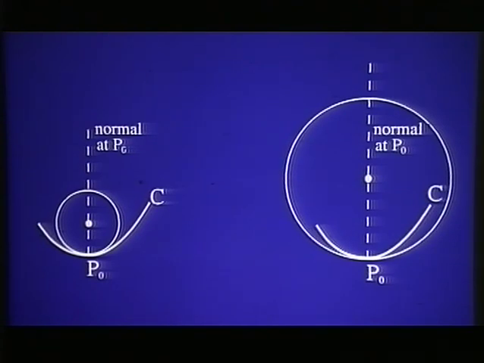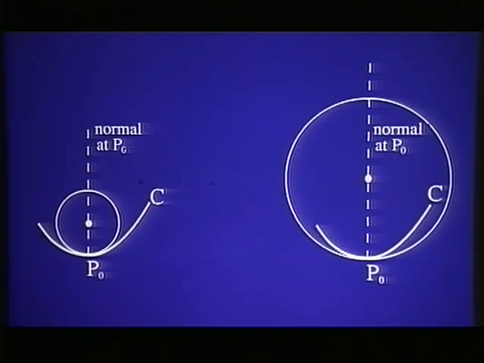The centers of these circles will all lie on the normal to the curve C at P0. This is the line through P0 which is at right angles to the tangent. A small circle will be inside the curve, as you can see in the picture on the left. A small circle will be inside the curve, at least near the point P0, and a large circle will be outside the curve.